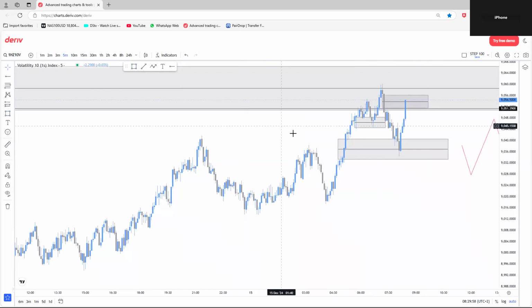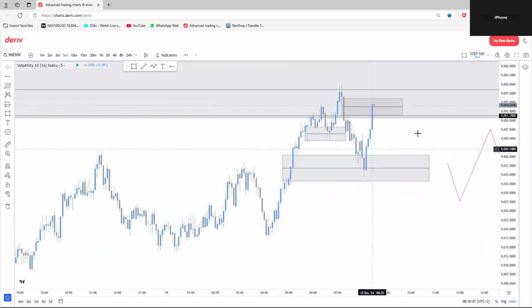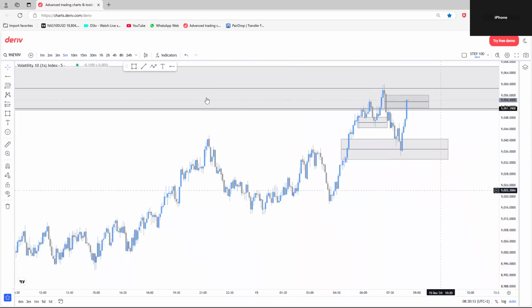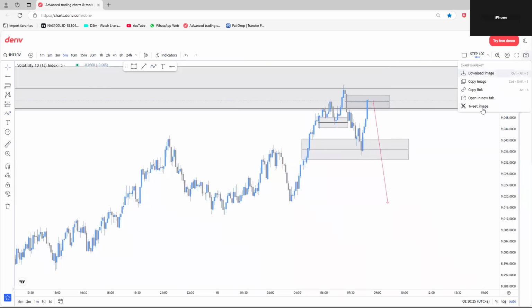Given that we know the trend, this is where they're going to start selling. Let me do another screenshot just for fun. This is where they're going to start going down.